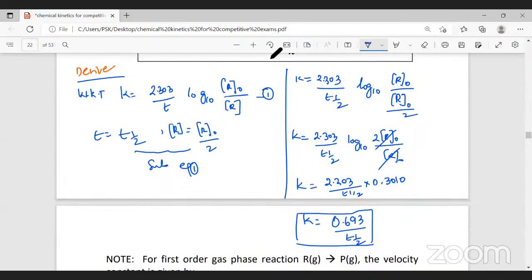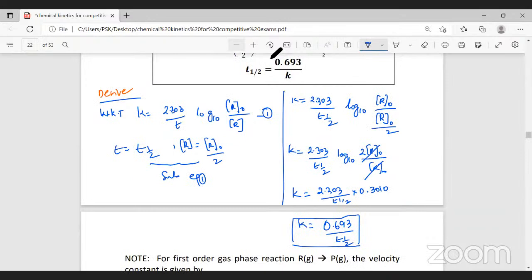Just go through the derivation quickly. We have done 4 derivations. Go through these 4 derivations. We have to do one more derivation, possibly in the gaseous state. We will do it. Go through this.